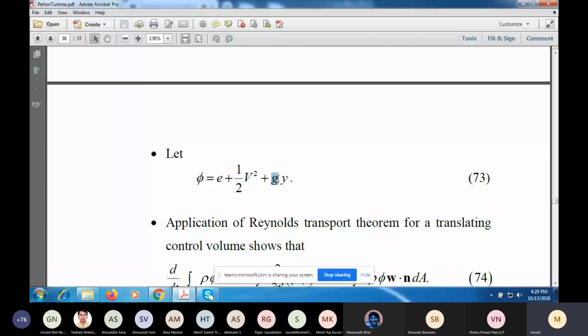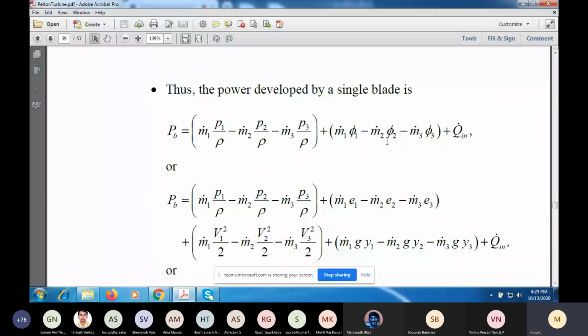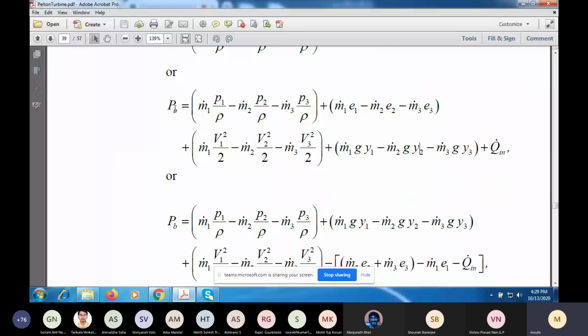So what we can do is substitute the definition of phi, and instead of this middle group of terms, you will have terms involving the internal energy, the kinetic energy, and the potential energy. So you see how we can extract power from the fluid.